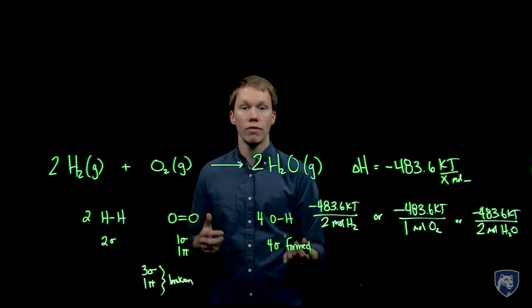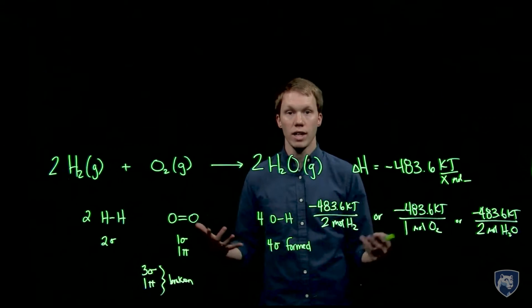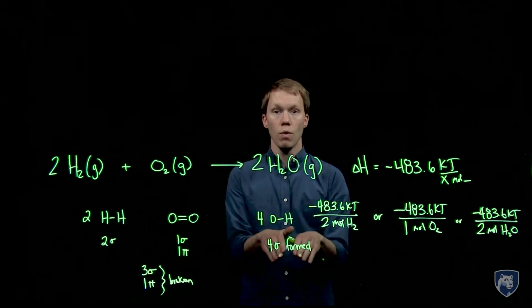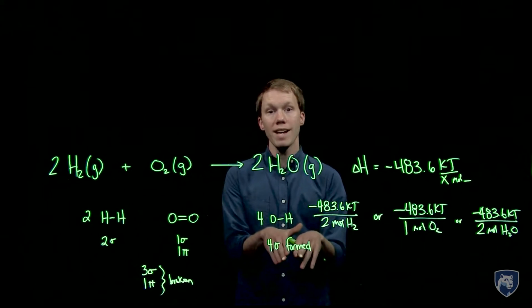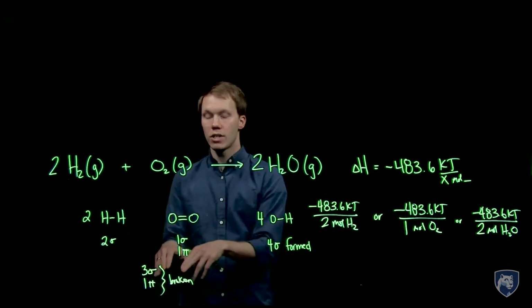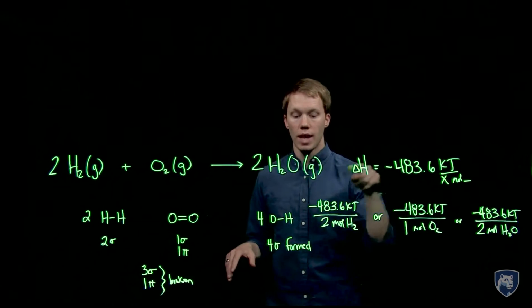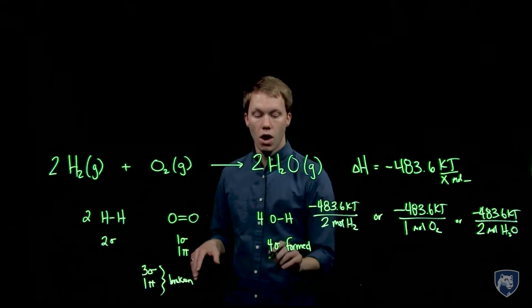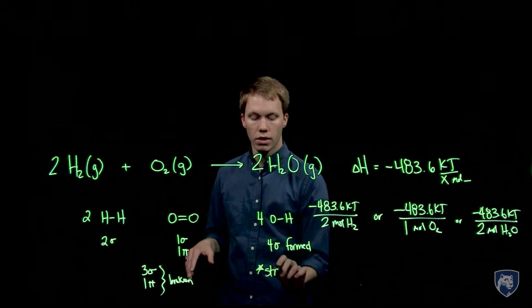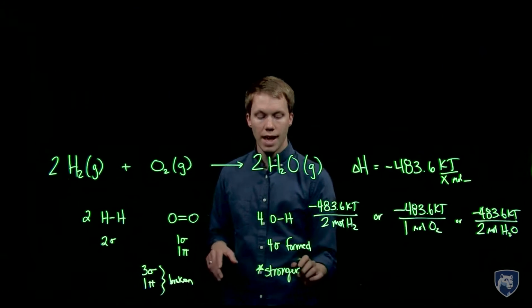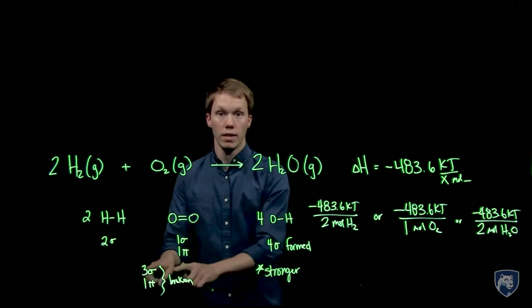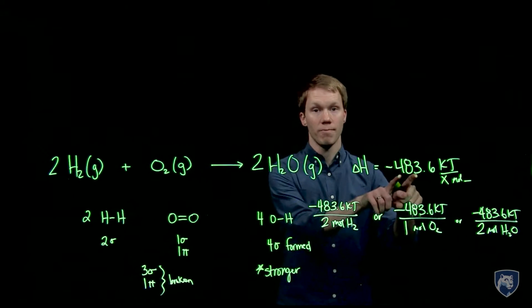Well, these bonds that are formed are releasing energy. And the energy released when these are formed must be greater than the energy needed to break these, hence the energy released. So the bonds that we formed are stronger than what was broken because energy was released here.